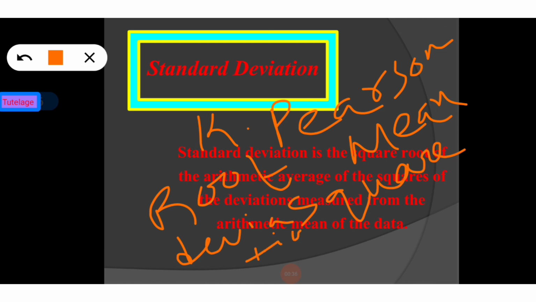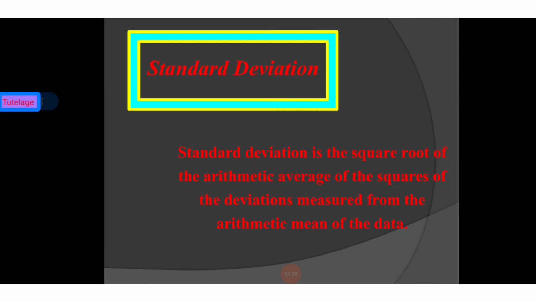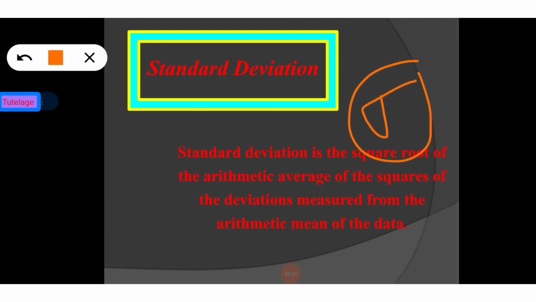I think this is clear. What do you mean by a standard deviation and all? Okay, and most importantly, standard deviation is generally denoted by the small Greek letter sigma. Okay, so this is called sigma, and this is the sign of standard deviation.